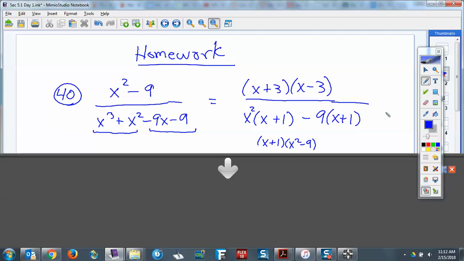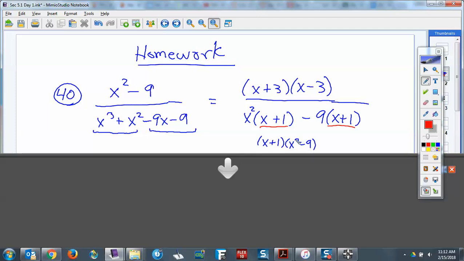Well, now what you have is common factors here, right? Remember factors are things that are multiplied, so this is 2 factors, this is 2 factors. Well, they have a common factor of x plus 1. So you can take out an x plus 1, leaving you an x squared minus 9. Okay, so that's how this bottom one came to be.